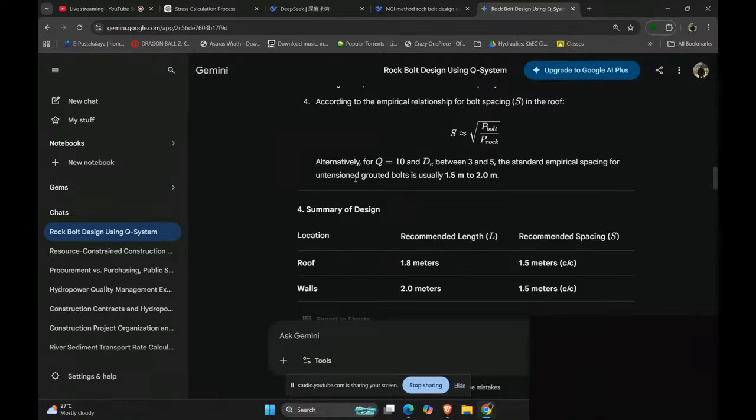Newton by 0.038 Newton per mm square into 10 to the power minus 3 and 10 to the power 3.